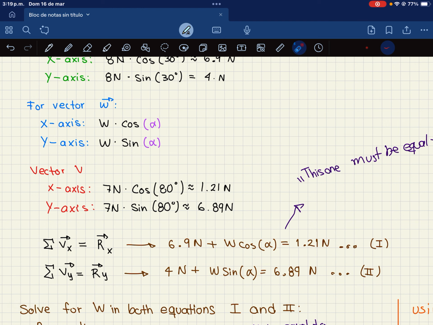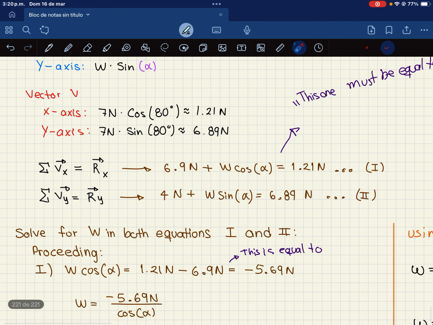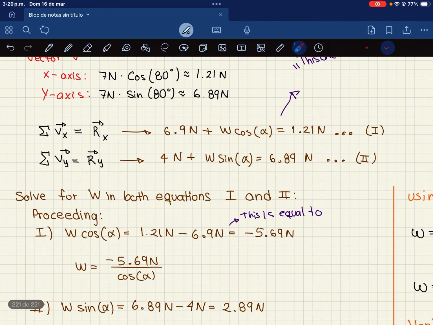This must be equal to 6.89 newtons from here. Let me call this equation 2. I will solve for W in both equation 1 and 2.